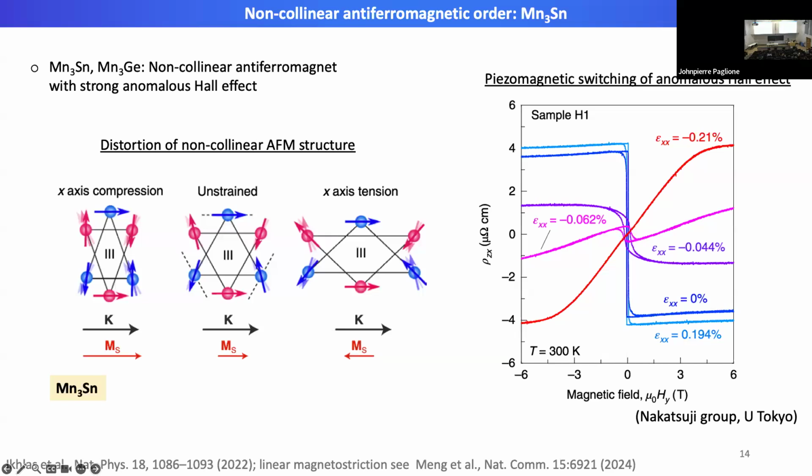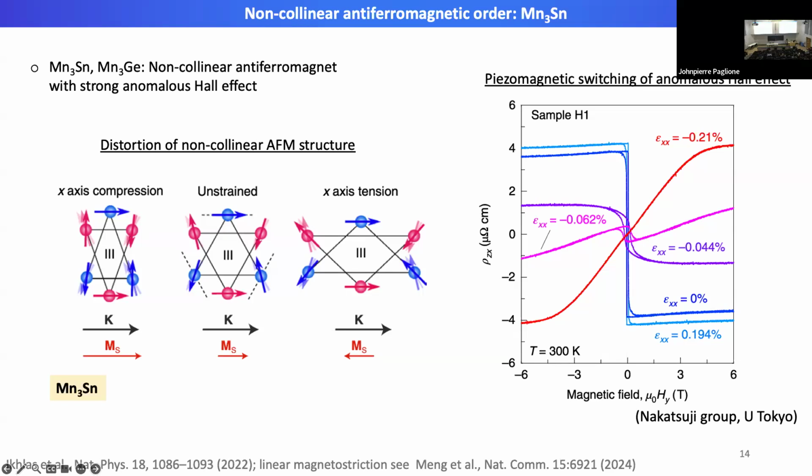So as we have seen earlier in our discussion of a very simple model of three spins, if we distort these triangles in the structural motif, we would expect the spins to start to rotate from each other, right?